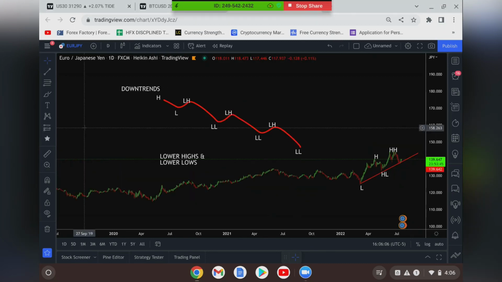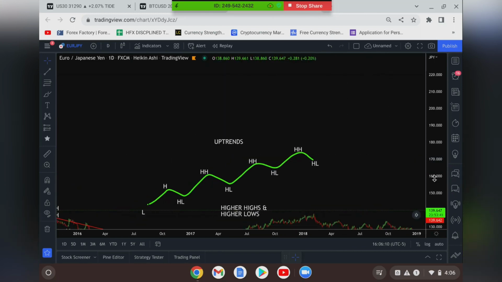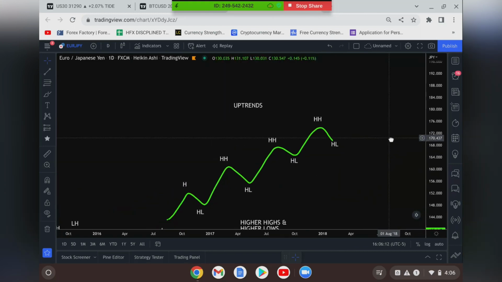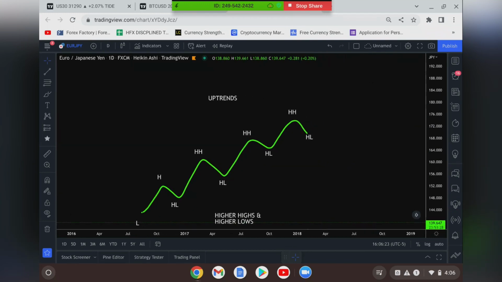We're going to talk about uptrends really quick right here. This is what an uptrend looks like. Like I said, uptrends produce higher highs and higher lows. As you can see right here, we have our low point. This is my drawing of an uptrend, represented in the color green.